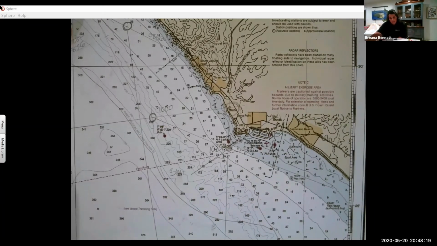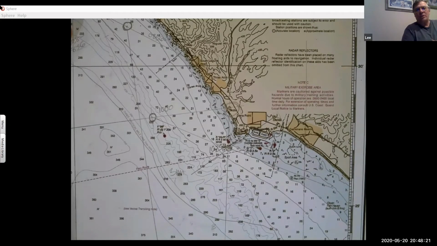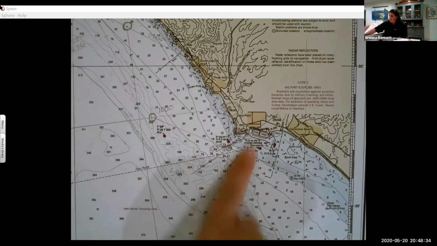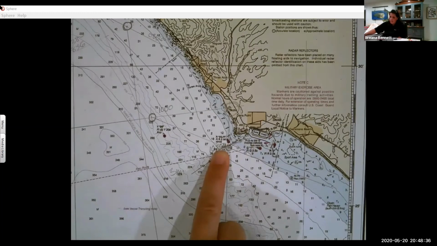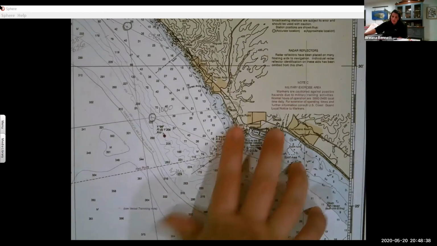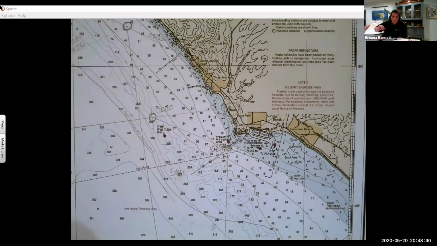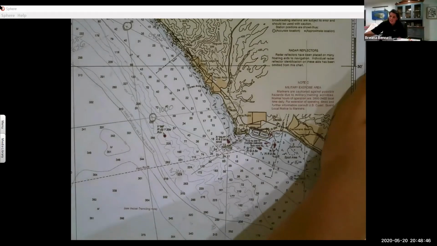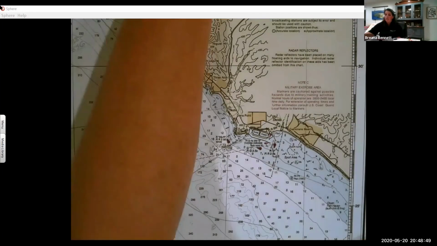That's a little over 1,000 feet. You should be able to see that. And of course, if you are navigating in close waters, maybe you're going to bring that back down to less than 1/10. But if you got swells, it's all dependent.